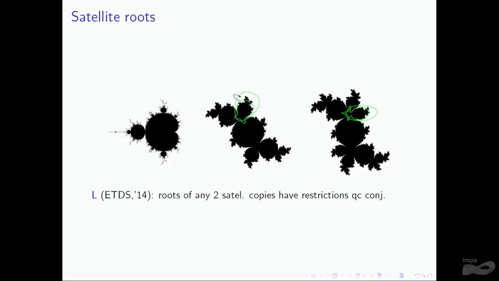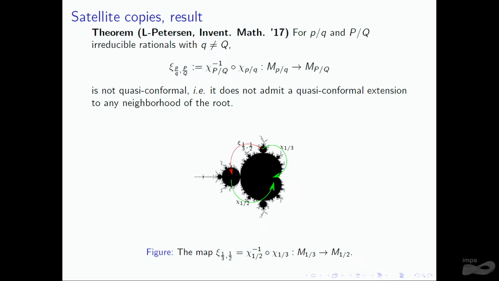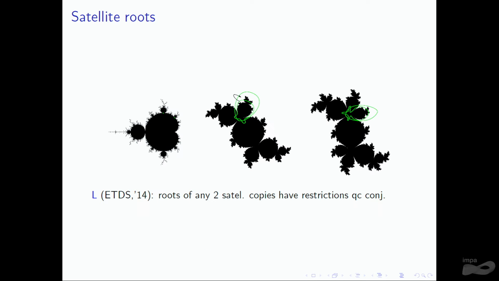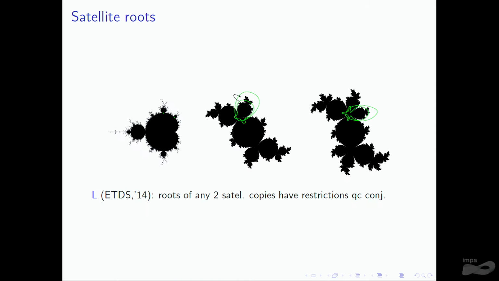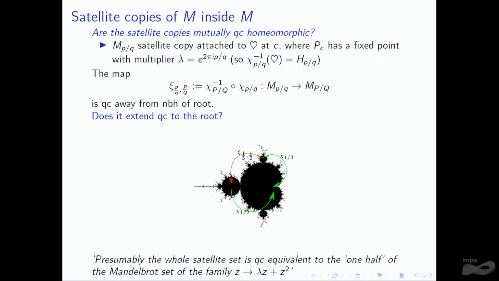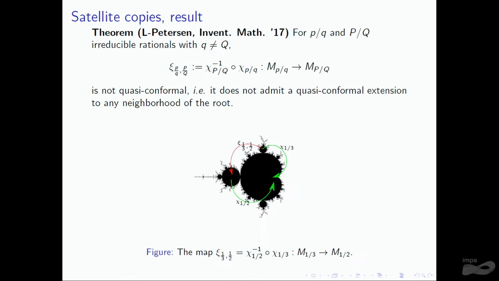So you start thinking, wait a moment, spoiler: we have this map, a homeomorphism between this and this one, quasi-conformal everywhere but a neighborhood of the root, and the roots have restrictions that are quasi-conformally homeomorphic. This map is quasi-conformal, but it's not.